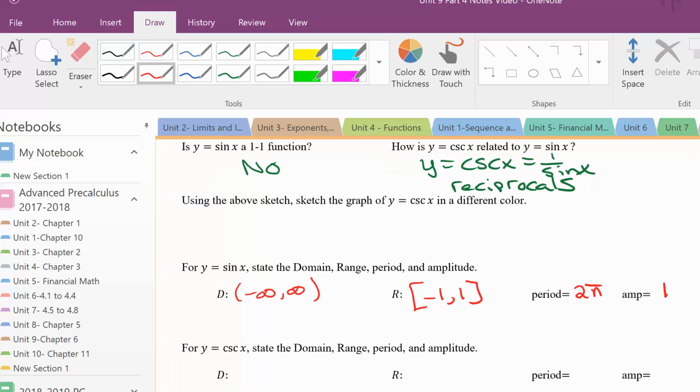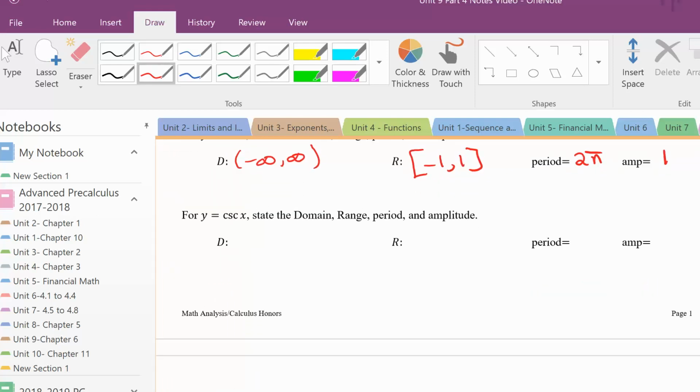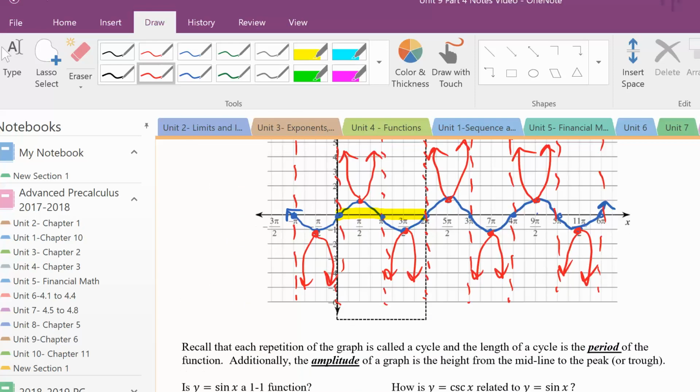For the cosecant, however, the domain is all x such that x is a real number. However, x cannot equal multiples of pi, because every pi, there is a vertical asymptote. Notice 0, pi, 2 pi, 3 pi.